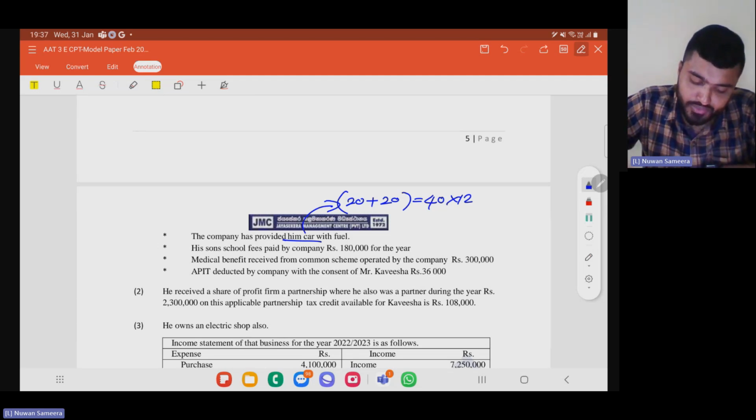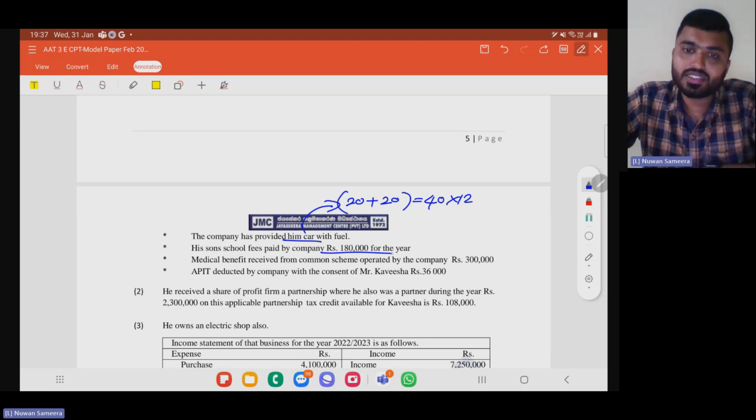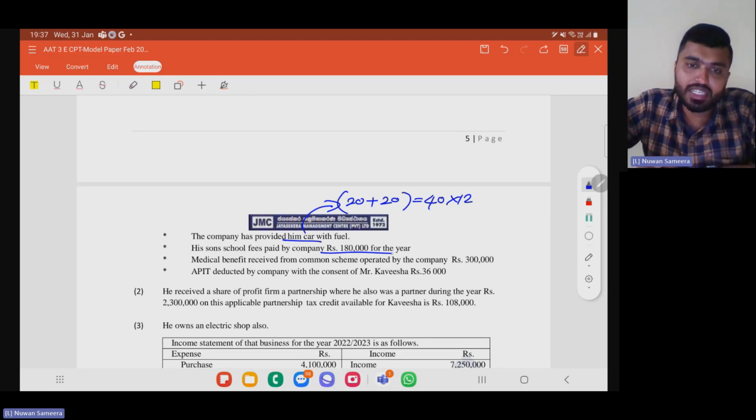So his son's school fees paid by the company are 180,000 for the year. What would you think about that? That means the 180,000 for the son's fees paid by the company is a benefit to the particular employee, Kavisha, because if the employee did not work in the company, the company would not pay that 180,000 school fee for the particular employee's son.